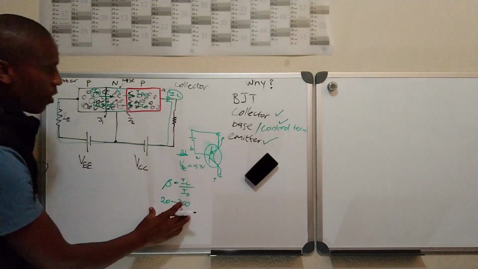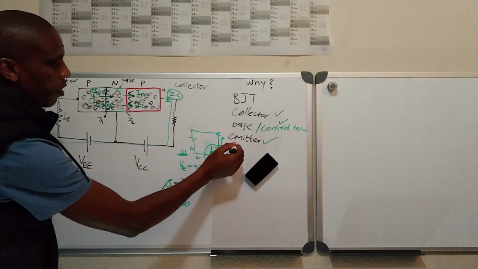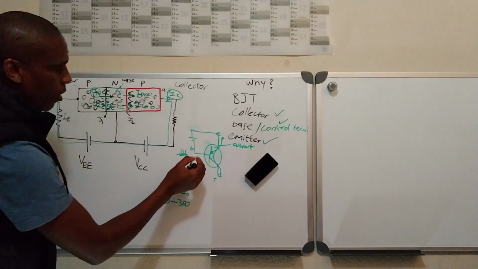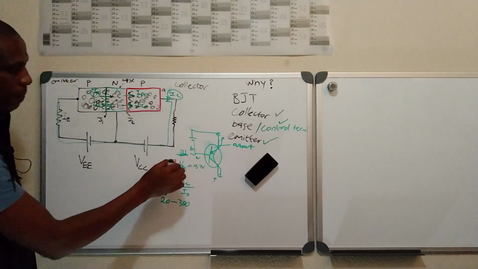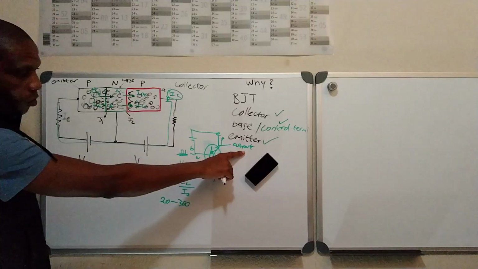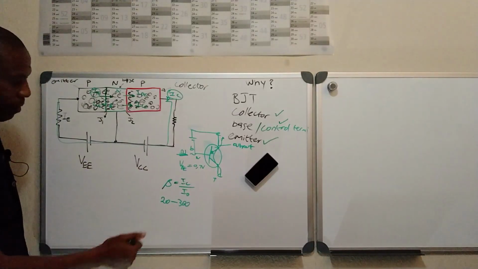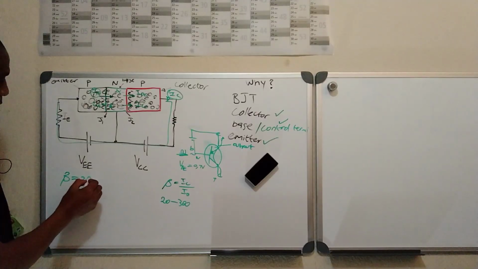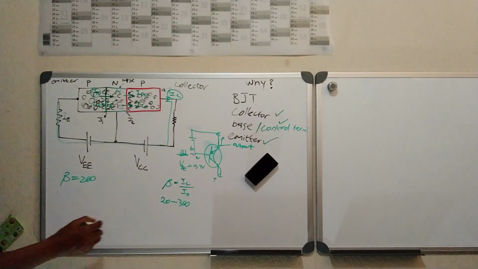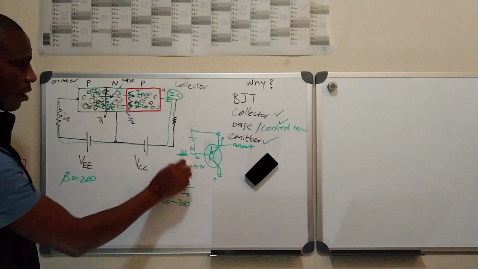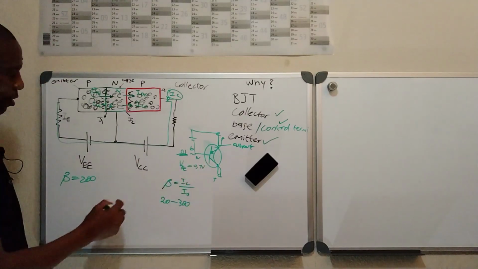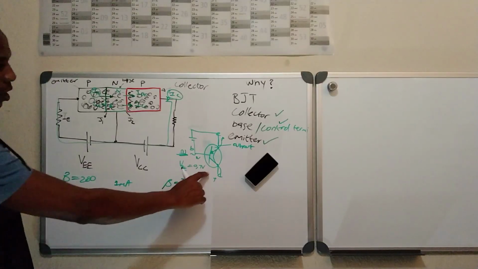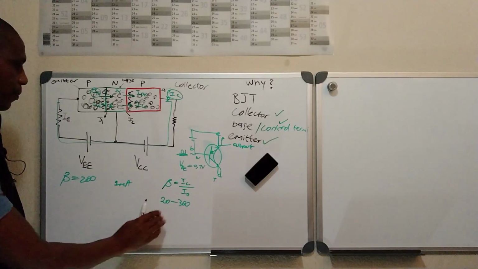Let's say you want to amplify the output current from the transistor. We get our output here. The small base current that you put in here will determine how much current you're going to get outside using this formula. Let's assume that beta is equal to 200. Ne? Let's say we got it from the data sheet. And we inject in this transistor 1 milliamp. To find out how much current you're going to get, you use this formula.